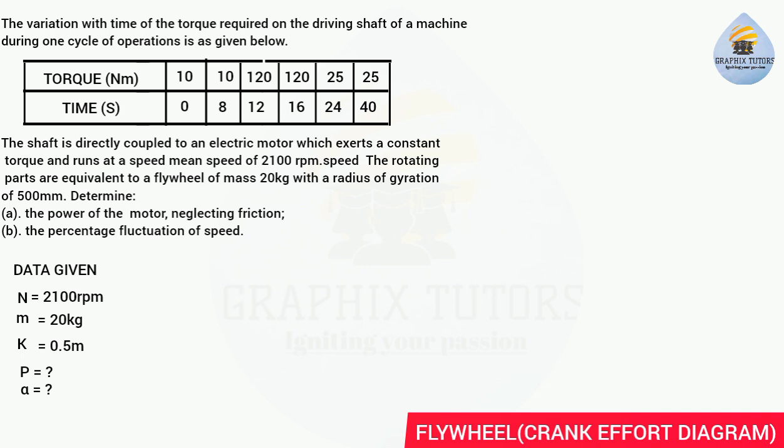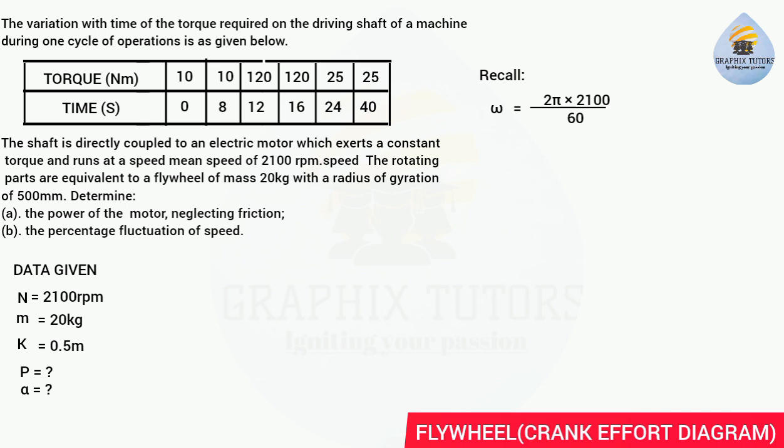Now, I will do one modification here. Since we are given our speed in RPM, I would like to calculate for the speed in rad per seconds. Now, recall, we know that our angular speed, omega, is given as 2 pi N over 60. Our N here is 2100. So when you do the needful, we'll say that 2 pi, pi is given as 22 over 7, multiplied by 2100 all over 60.